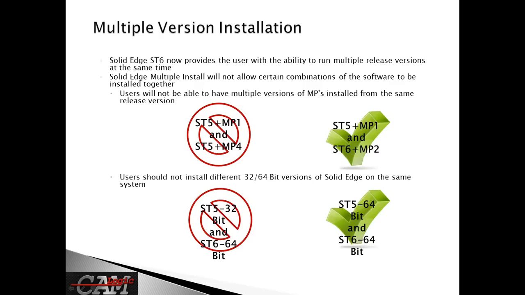And then on the next step of the slide, you can see that if your interest lies in having different versions of Solid Edge, in other words, you want to run a 32-bit and a 64-bit, that's actually not going to work for you. You're going to want to stay on the same setup, so you would want an ST5 64-bit and an ST6 64-bit.